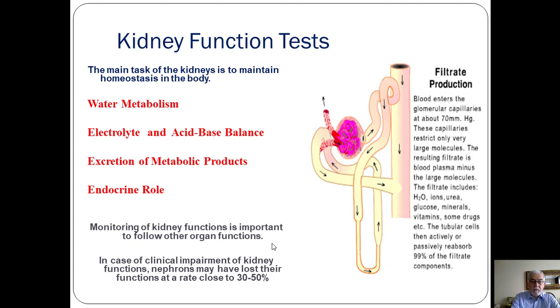Monitoring of kidney functions is important to follow other organ functions, because some kidney function tests are not directly related to the kidneys, but can give detailed information about general problems in the body. In case of clinical impairment of kidney functions, nephrons may have lost their functions at a rate close to 30 to 50%.